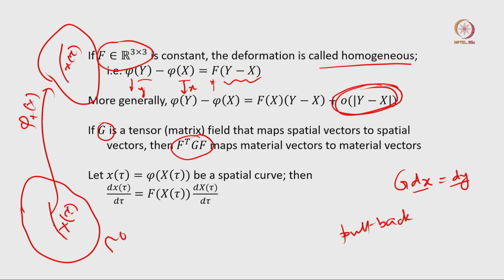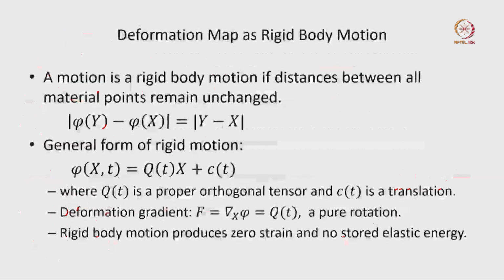Now, if you take the derivative of this curve small x(tau) with respect to tau, where d tau is the infinitesimal arc length, then dx(tau)/d tau is nothing but F at X(tau) times dX(tau)/d tau. This is obvious from the very definition of your deformation gradient.